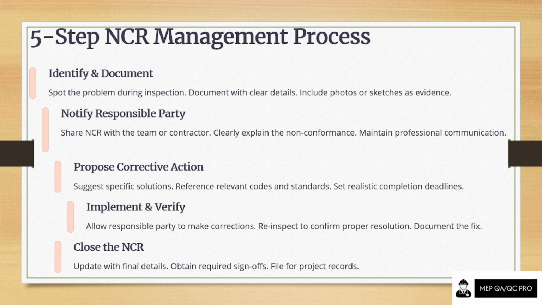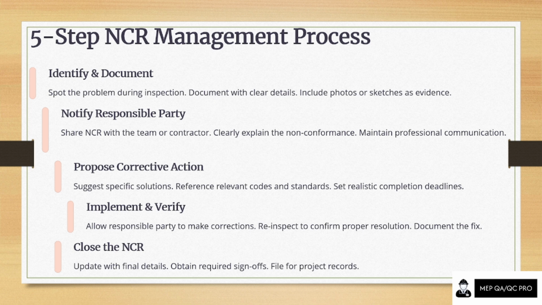What will you do when closing the NCR? First, you take the corrective actions. Whatever the issue is, you need to close it out with a corrective action. You will take the codes and standards and the drawings. Depending on the problem, you will replace the material, or you have to change the drawing. Whatever it is, you need to follow the standard in order to take the corrective actions.